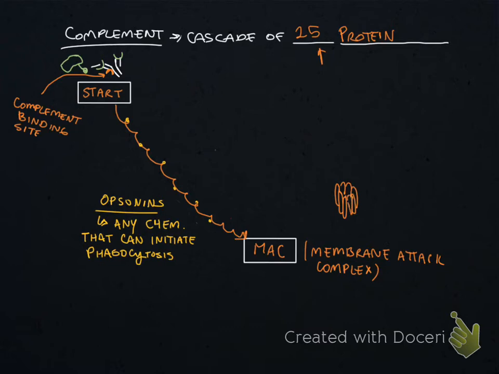If each one of these is a protein, they form this complex that then forms, say, a channel inside of this pathogen, and that causes the pathogen to pop. Okay? So we can see here how the innate system might have, well, we're going to see where we get these antibodies from, and then we'll see how the innate system also has a role to play with the acquired or adaptive immunity. And that has to do with how we get these antibodies.